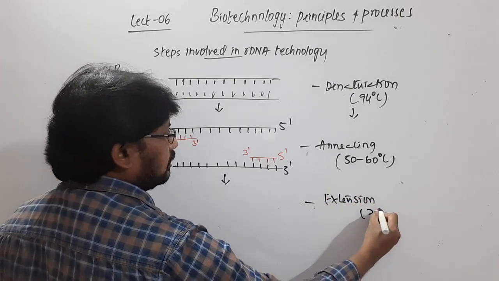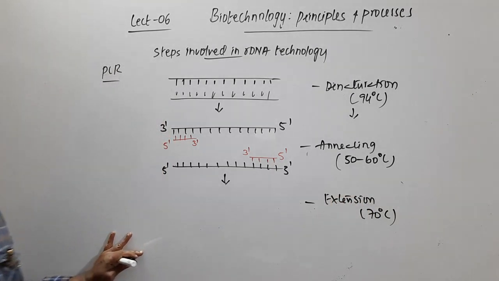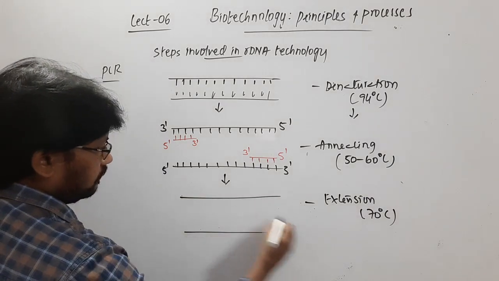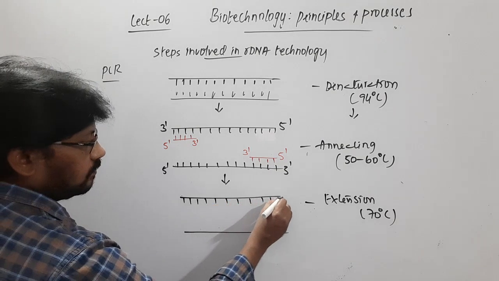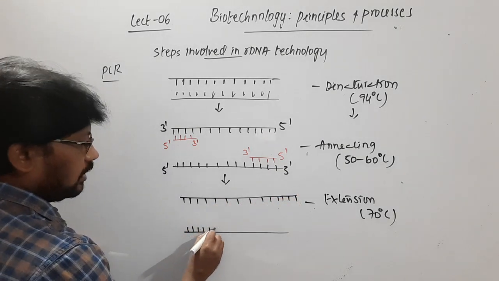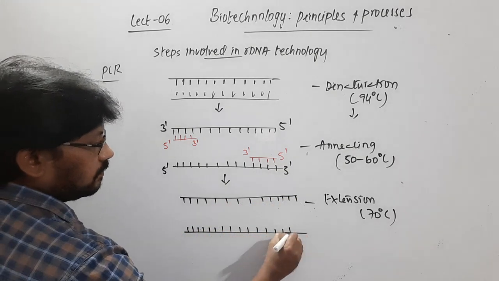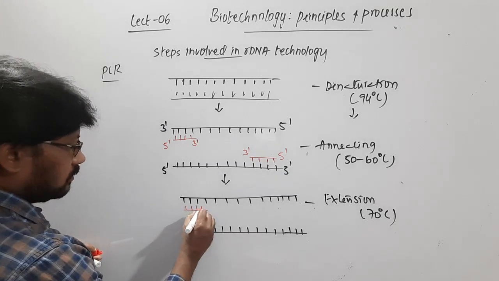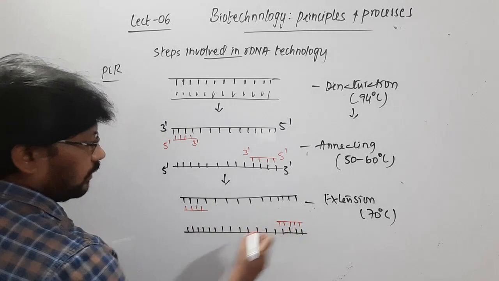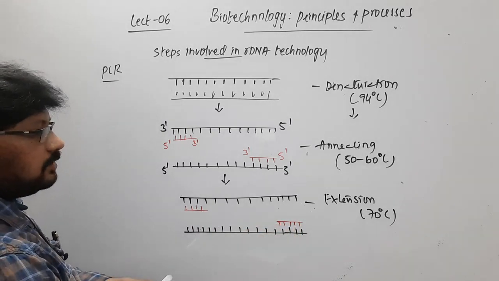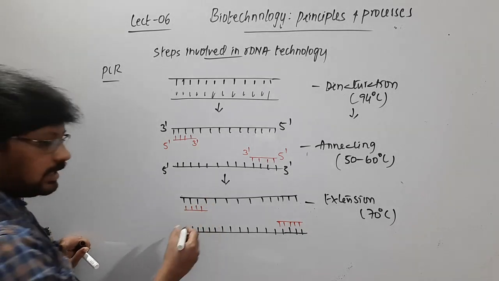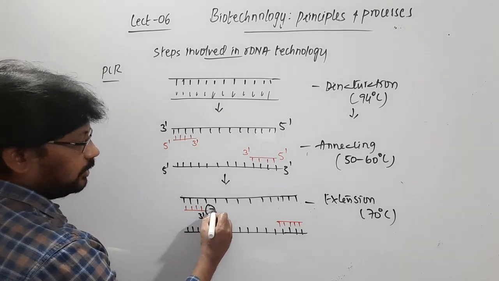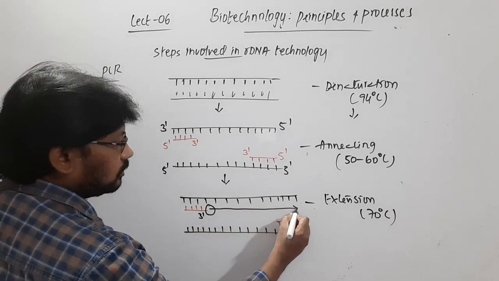Now the temperature is slightly increased to 70 degrees Celsius. Already primers are attached. So now the DNA polymerase, here it is the Taq polymerase, will attach on the 3' OH end, and it starts adding nucleotide by nucleotide, and then it goes on increasing.